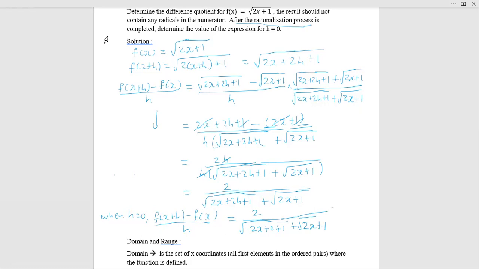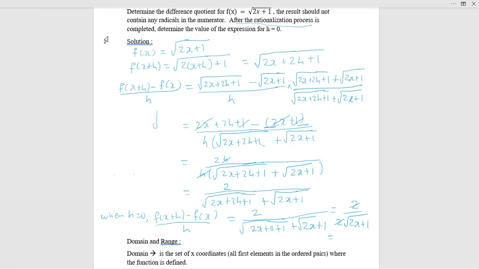This is equal to 2 divided by square root of 2x plus 1 plus square root of 2x plus 1. When we add them together, it is 2 times square root of 2x plus 1. Then the 2 cancels out.